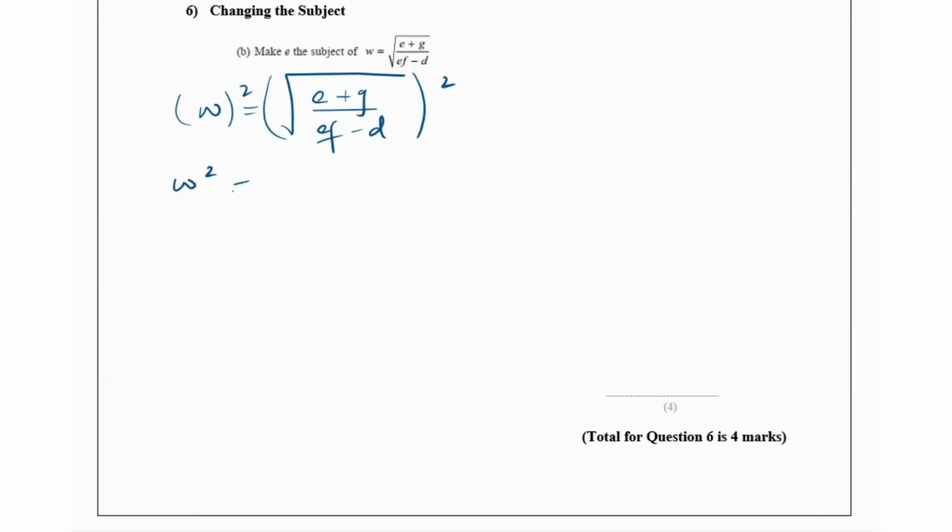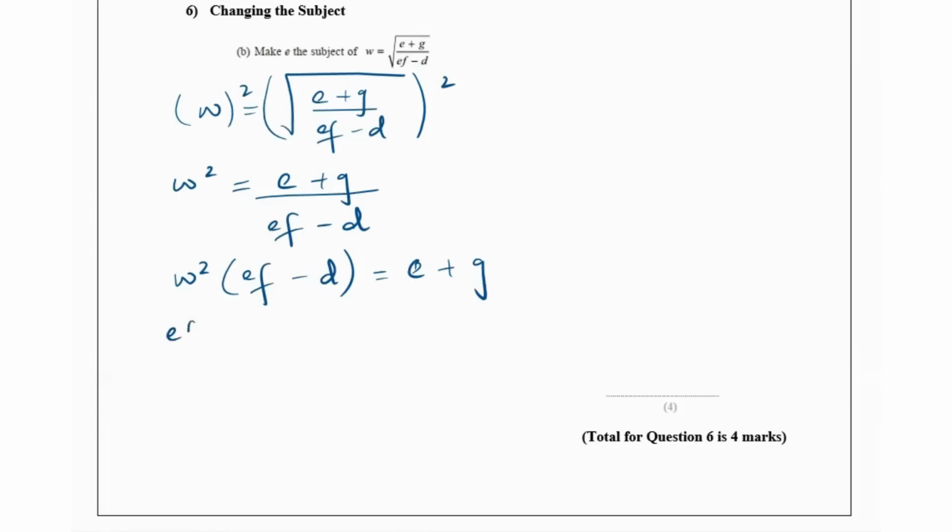So that's W squared equals to E plus G over EF minus D. Now we cross multiply to get rid of the fraction. So W squared times EF minus D equals to E plus G.